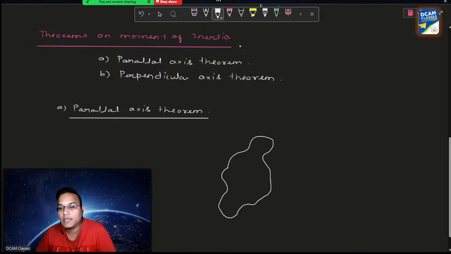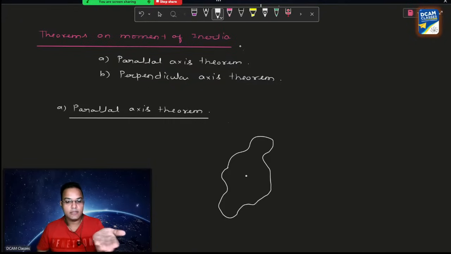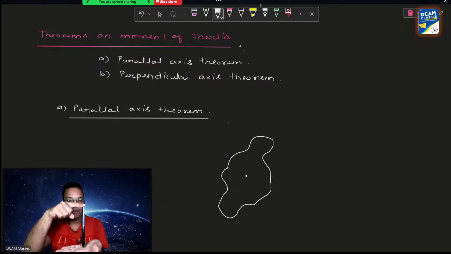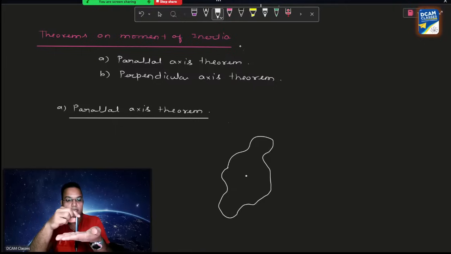Now visualize this body as if it is present on my hand. The axis on it will be perpendicular, passing through it. Able to see my hand, na? Like this.